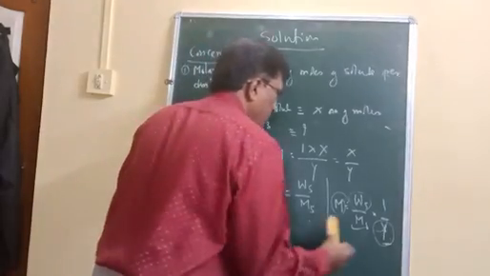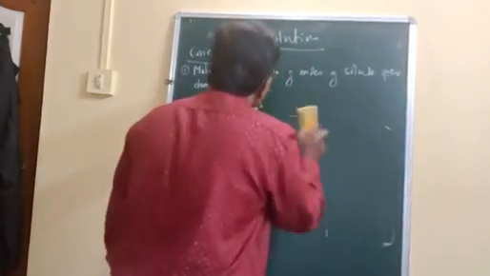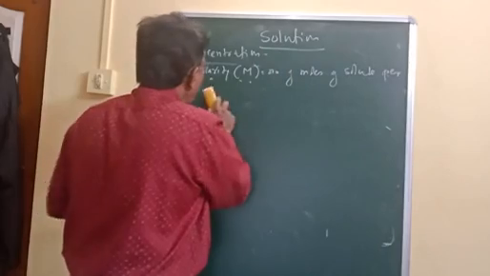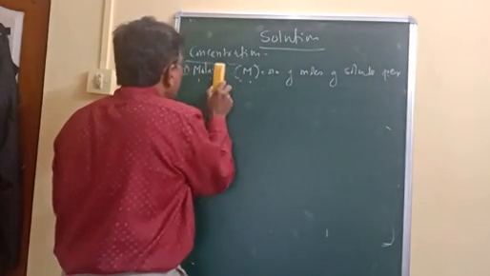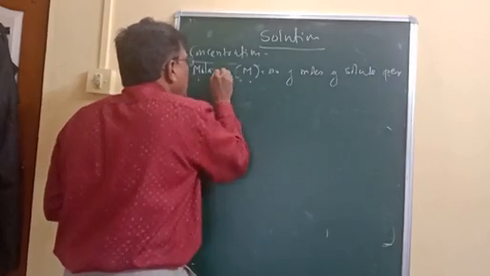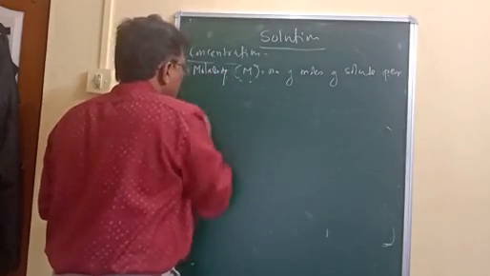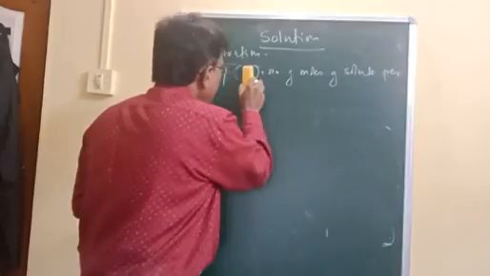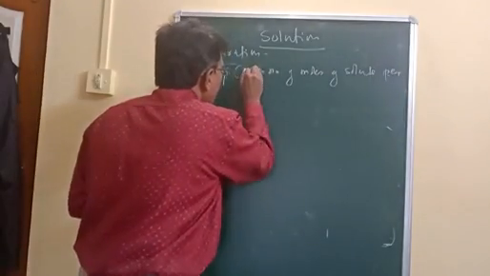The third concentration unit that we are going to see is the molality. See the difference. Molarity, molality denoted by small m.